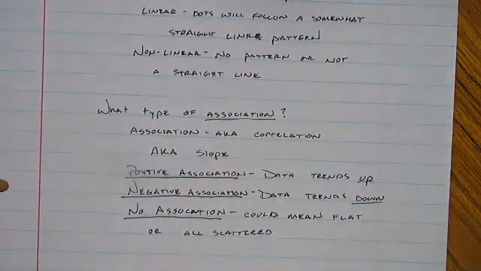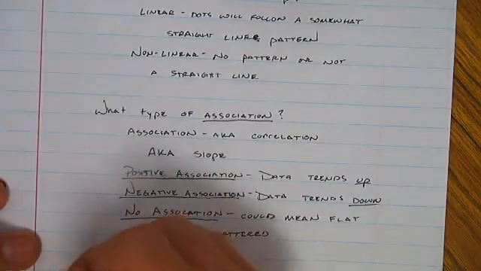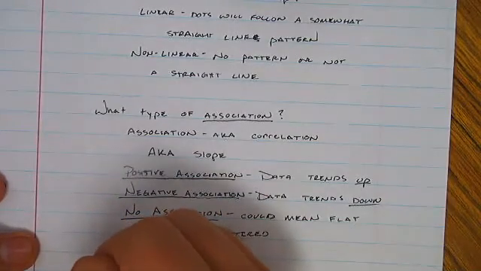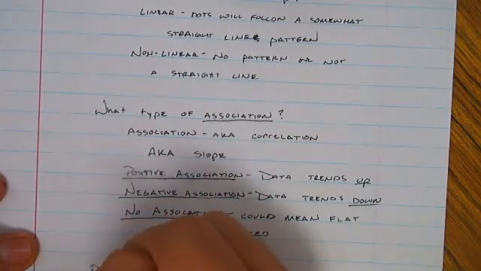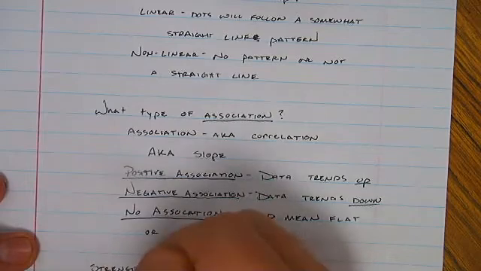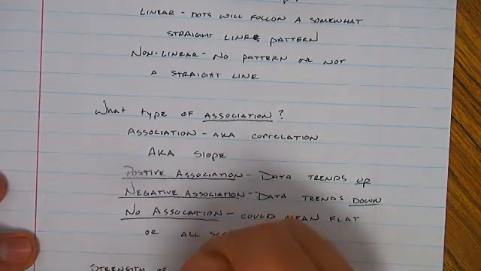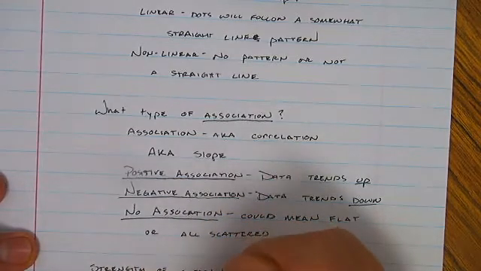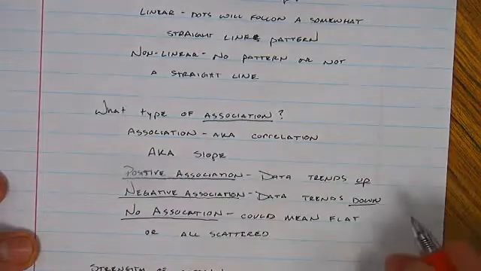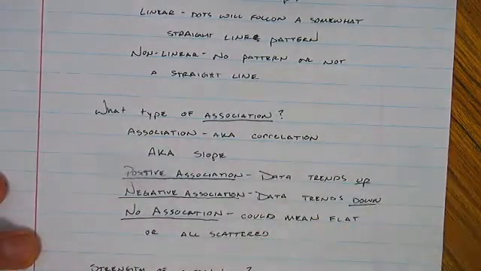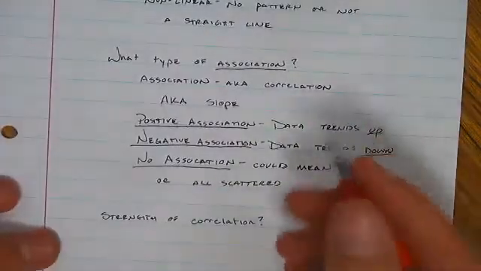Those are our words here we're talking about with regards to association. And then we have the last being evaluating for strength of correlation. So the strength of our data in relation to another.